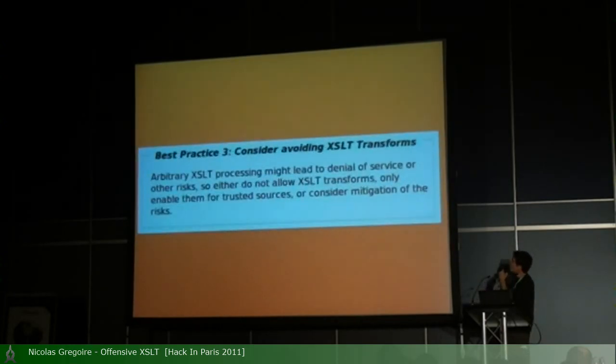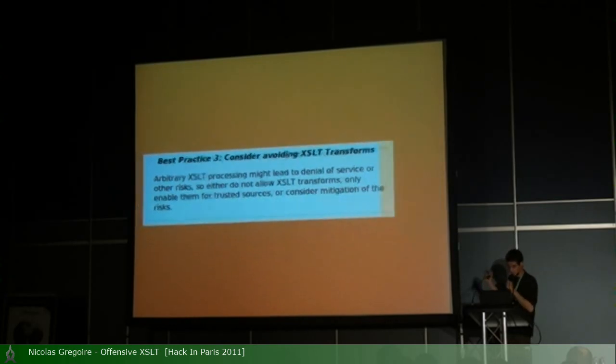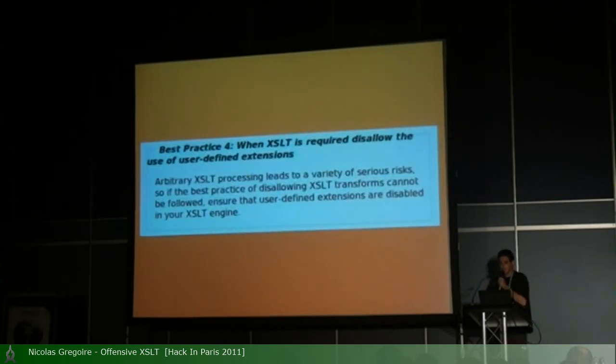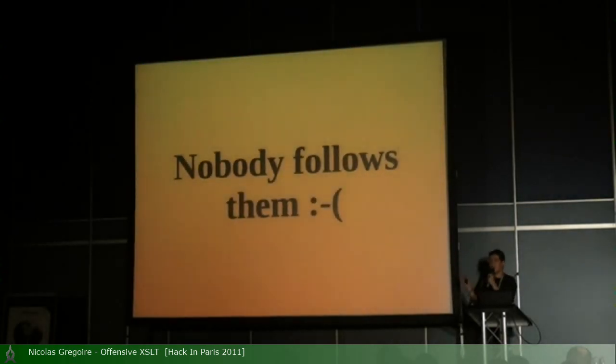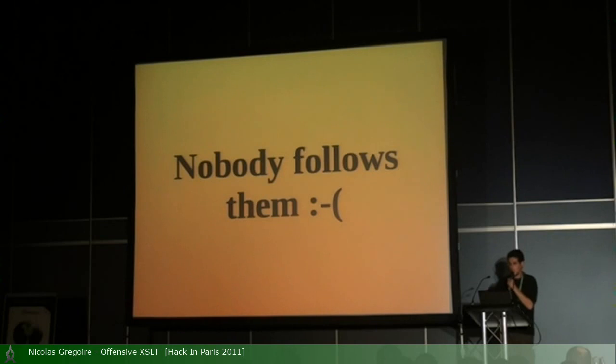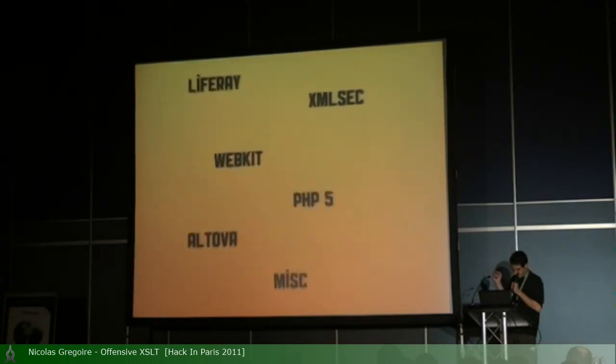Advice 3: consider avoiding XSLT transform. And advice 4: if XSLT is required, please disallow user-defined extension. So one thing we can say is that absolutely nobody follows this kind of advice, which is a pity.